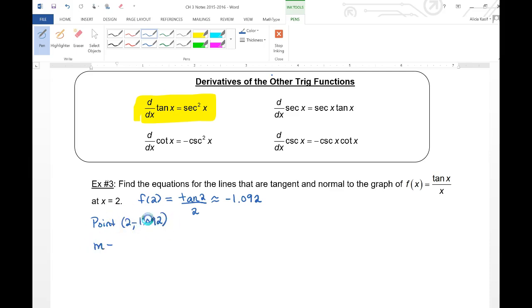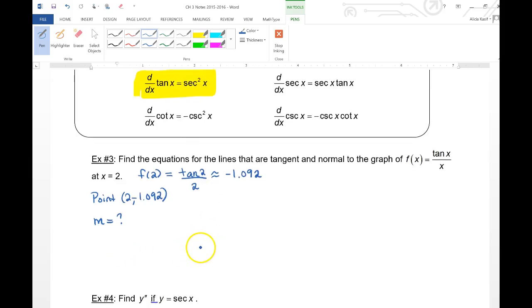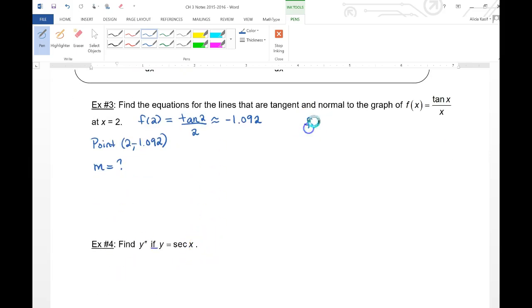Now we need to figure out our slope. How do we figure out slope? Derivative. So we want to find f prime. So if this is u and this is v, u prime is secant squared. And what's the derivative of v? The bottom is 1.